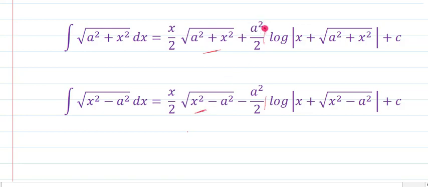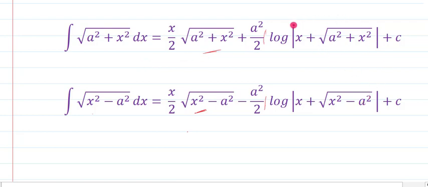Then a square upon 2 is the term which is common in all the three results. The only change is in two results, a square minus x square and a square plus x square, where we are having a plus sign over here, whereas in x square minus a square we are having a negative sign over here. And in these two, the rest of the term is the same, which is log of x plus square root of the same term which is given in the starting, plus c.